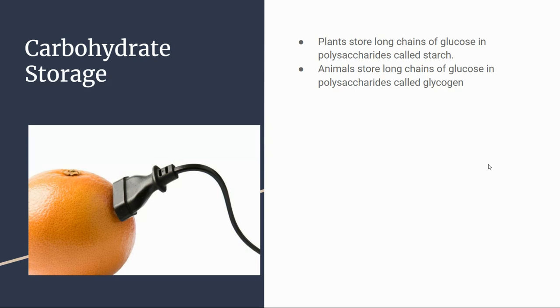All right, so carbohydrate storage. Let me make sure I did not skip a slide. I did not. Okay. Carbohydrate storage. So plants store long chains of glucose in polysaccharides that are called starch. Animals store long chains of glucose in polysaccharides called glycogen. And these are just 2 vocab terms.